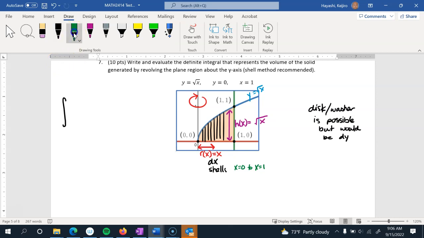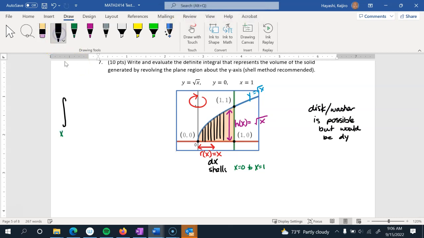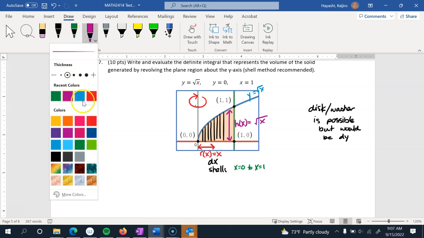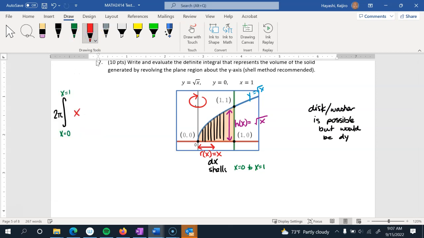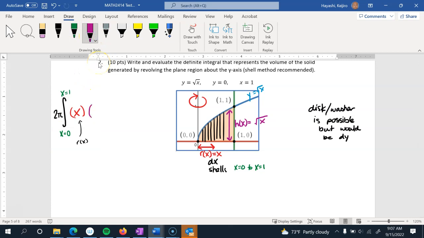Putting all this stuff together, the shell method is going to be 2 pi times the integral from x equals 0 to x equals 1 of your radius function times your height function. Dx, that's it.